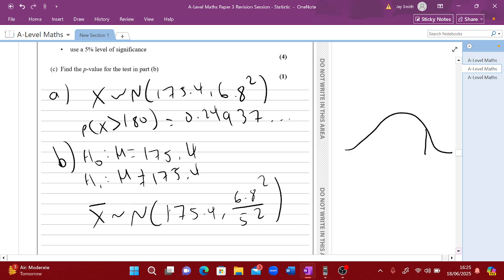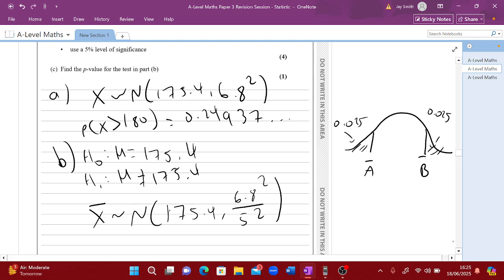Say you have a mean here and we want it on either side, because it's two-tailed, so that's going to be 0.025 that side, 0.025 that side. I'm going to call the means A bar and B bar.